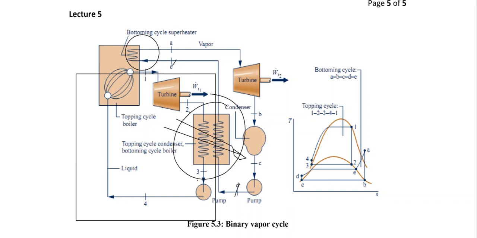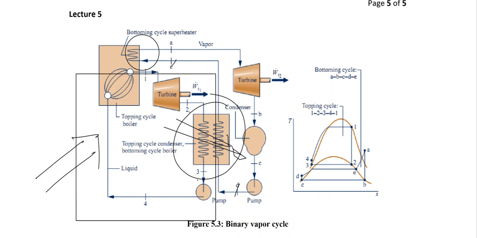So you would imagine this would not be a large amount of heat anyway, but that is what it is designed for: the topping cycle has more power to it, while the bottoming cycle is using the same heat which is thrown from the topping cycle. So it is not intended for so much power, but it can give you certain power output.